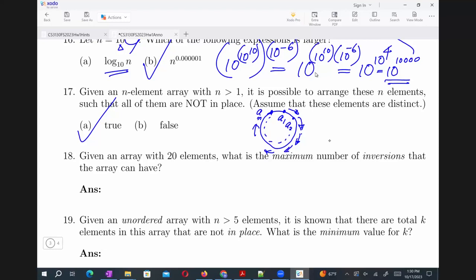Then after that, do a rotation, one position in one direction, counterclockwise or clockwise, just one direction. Then after the shift, none of them is in place. Constructing appropriate examples, many times we need to do things like that.